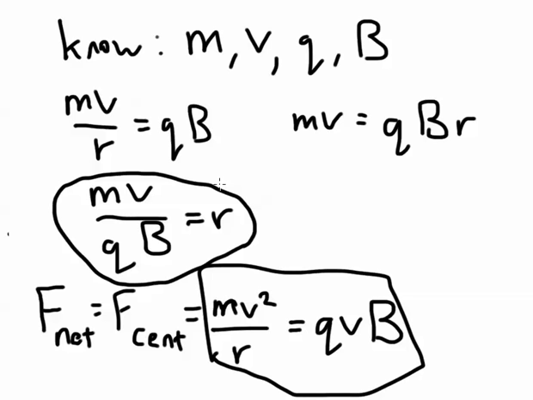So if you release a charged particle in a magnetic field, it will go in a circle, or it may go in a helical path. So for instance, if there's a magnetic field like this, and I take a particle and I start it going in this direction, then it may go around the field lines in a spiral shape.